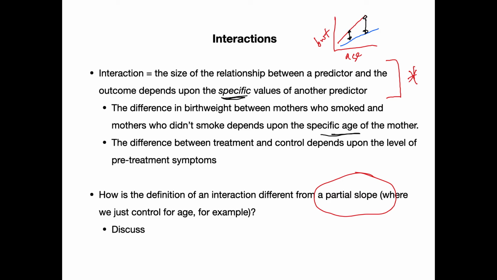Interactions, though, say that it's not good enough to just have that other variable in the model, but that the variables literally influence one another. These predictor variables literally influence one another to create a different relationship with birth weight. So interactions are quite different. My graduate mentor, major professor, used to say all interesting scientific debates are essentially interaction questions, and I think they end up being really important.